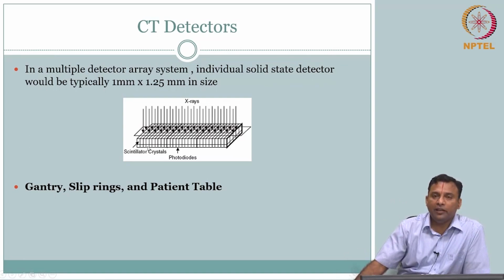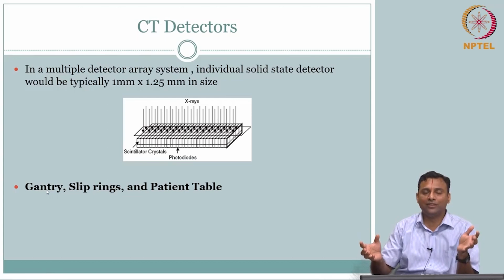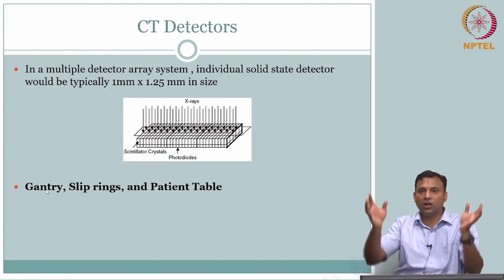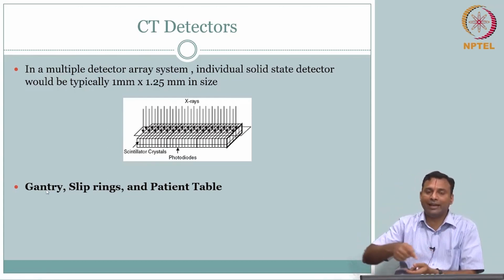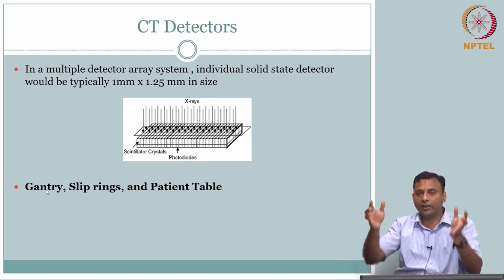So we are not going to go deep into the other instruments in the instrumentation. One is the gantry. So what is a gantry? When you see the photo of a CT, you see this big housing where the source and detector ring is there and the source has to move, right. So the whole thing has to rotate.